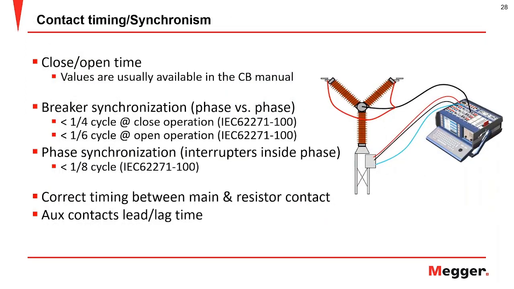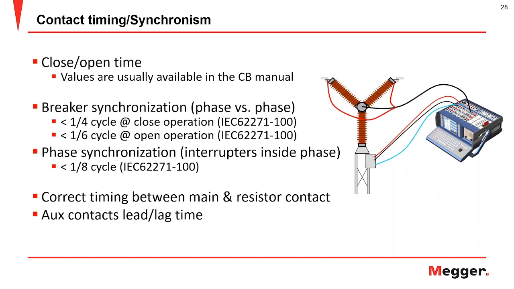The second type of test is contact timing and synchronization, where you need to check how fast the circuit breaker opens and closes and compare the results with the ones specified by the manufacturer.